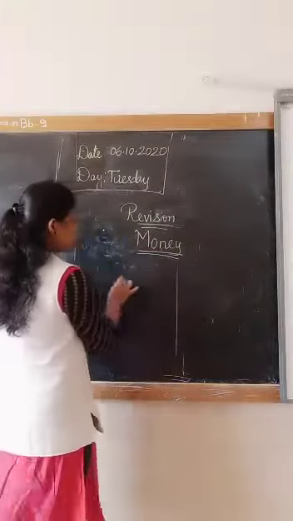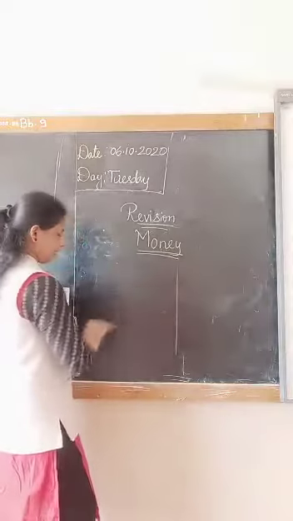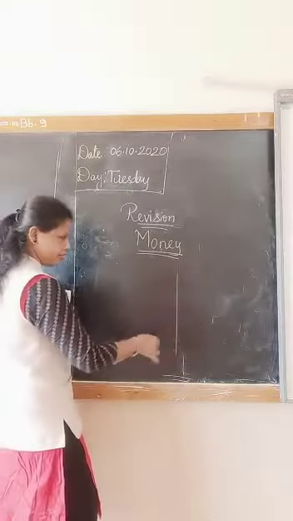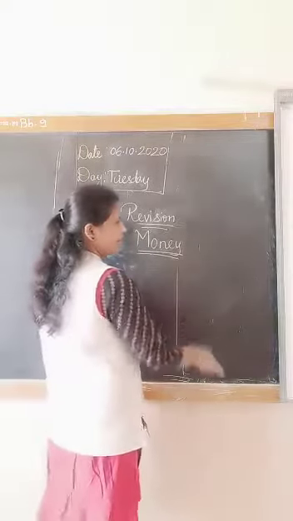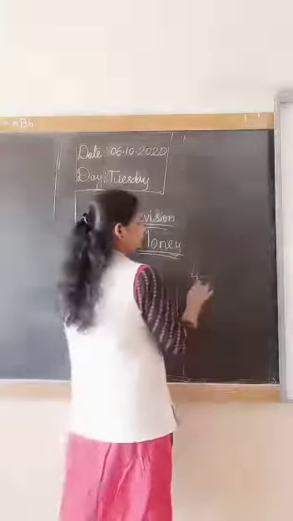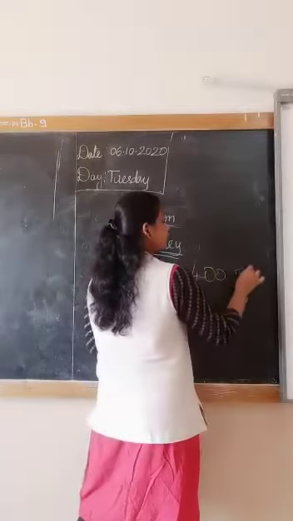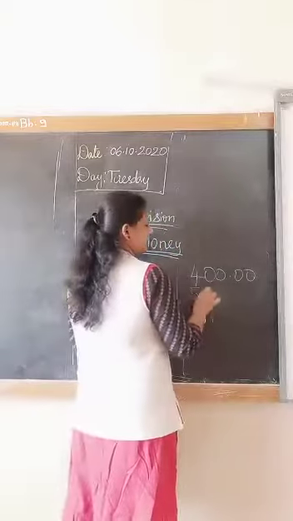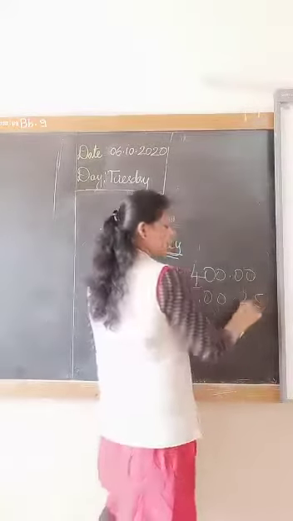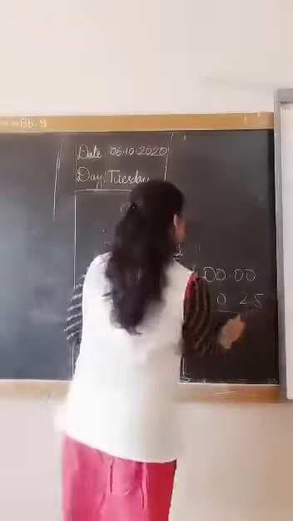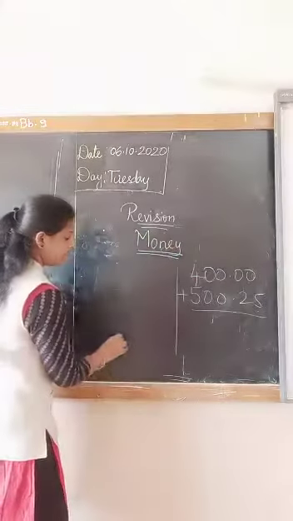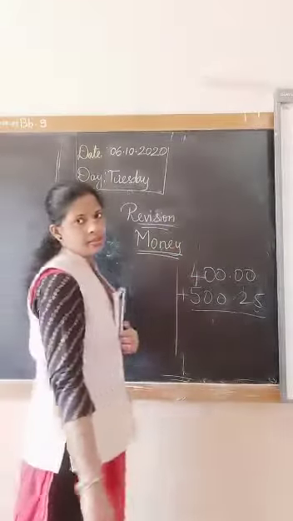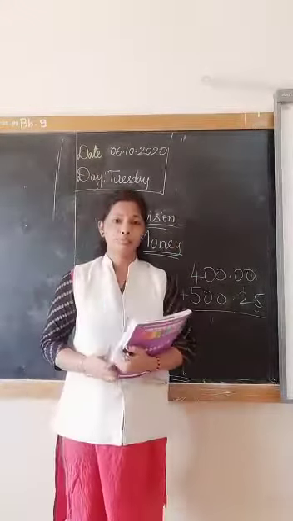You write the amount Aman had, the amount Roshan had, and then the total amount, write down and add. While writing, if it is only 400, write it as 400.00, so that when you write the second number, it will be easy to add. Put the plus symbol and you get the answer. Here you have to write with the rupee symbol, in the statement also you have to write it. That is about the word problems.